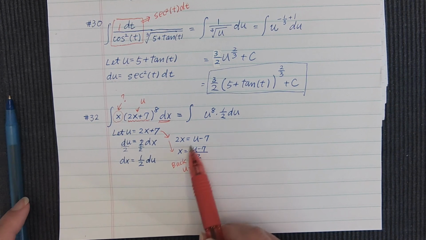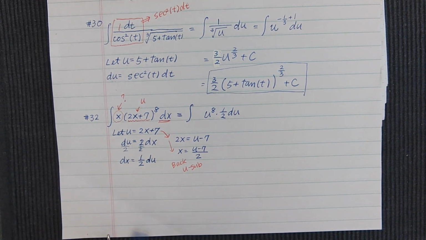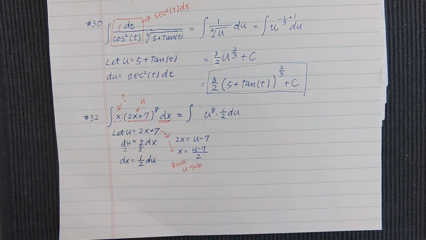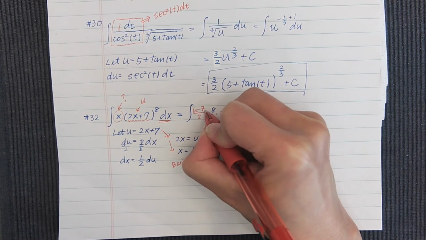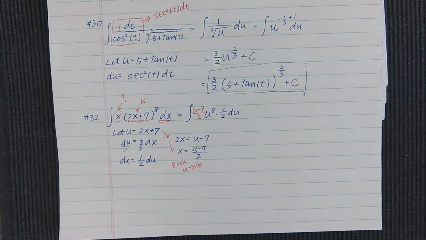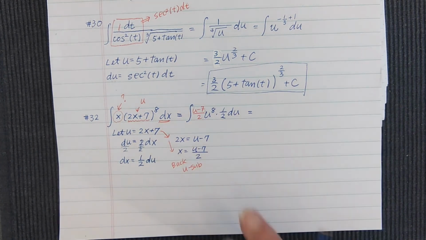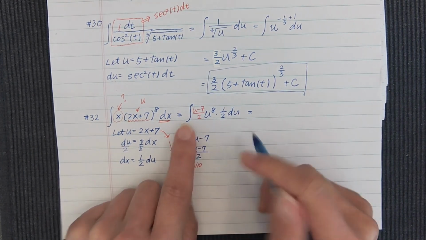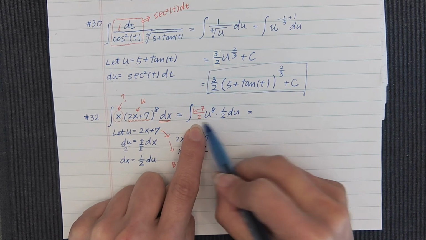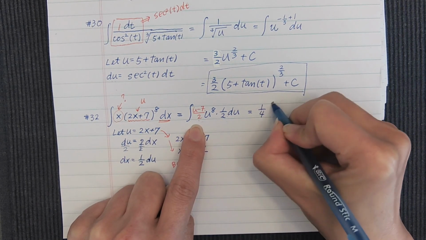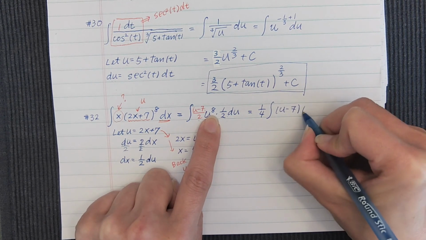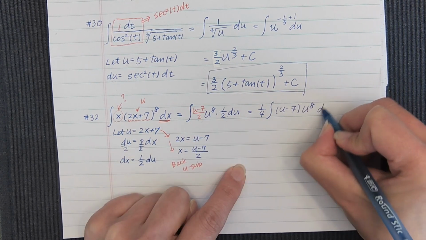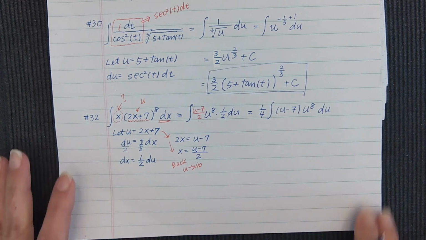So this part: it's u minus 7 over 2. Finally, whatever the constant is, you have to leave it. So 2 times 2 is 4, so 1 over 4 is out. Here is u minus 7, and here is u to the 8, du.